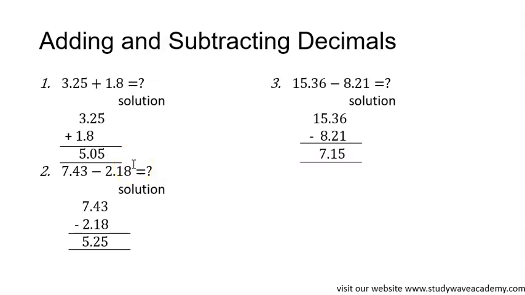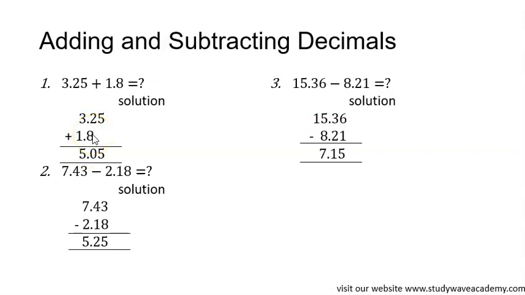Now, when adding and subtracting decimals, you align the decimals, okay? You're presented with a question, 3.25 plus 1.8 is equal to what? When you're presented with a question like this, when adding, using this method, you align the decimals, okay?